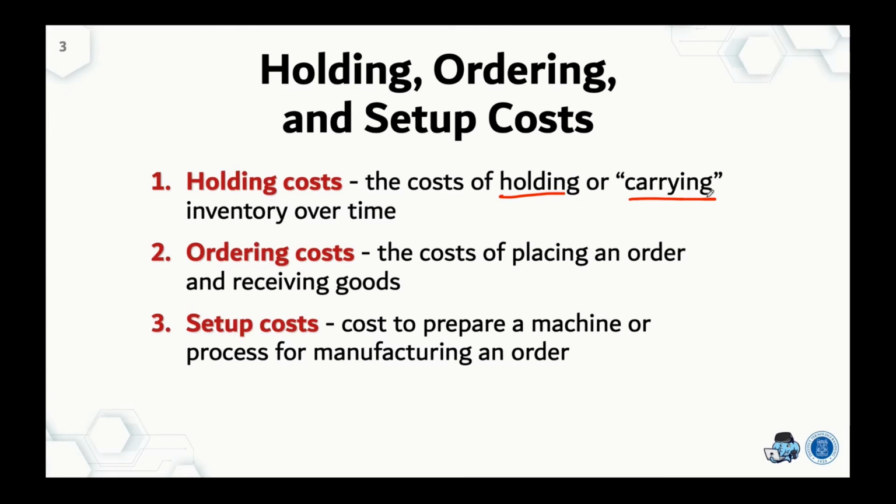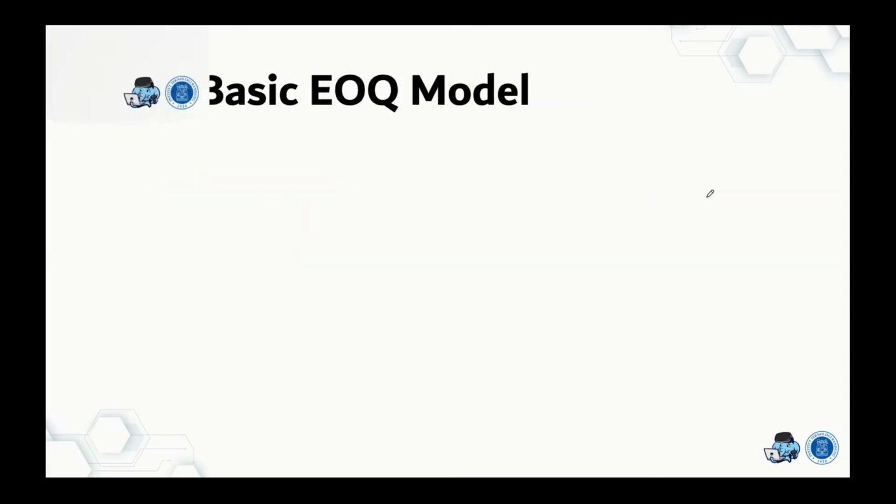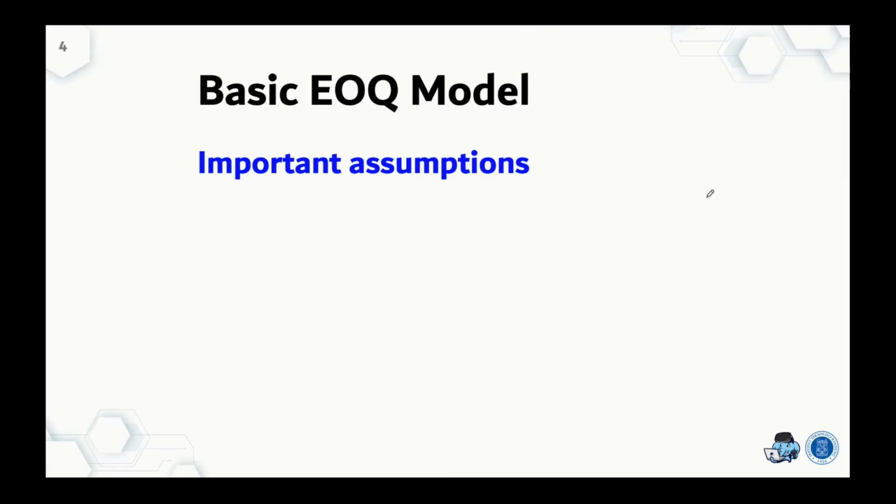So this is the setup. This setup cost happens once. Based on these costs, we can build the economic order quantity model that we commonly call the EOQ model.